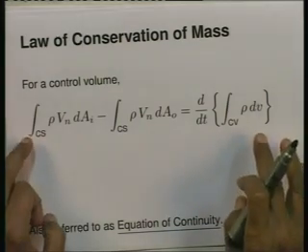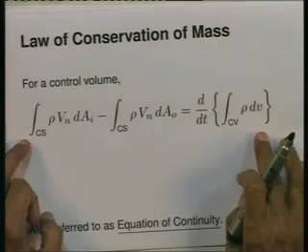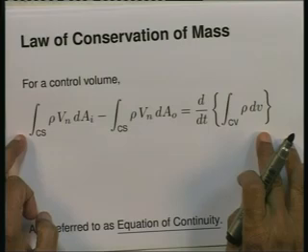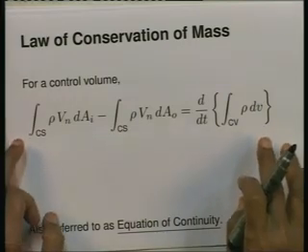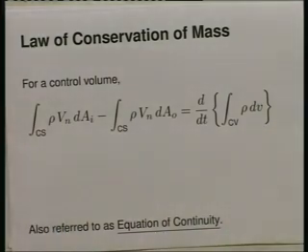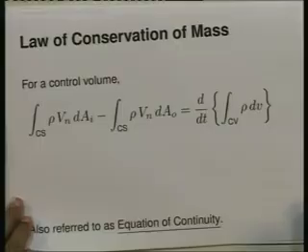So, this in symbolic terms is the most general expression for the law of conservation of mass, which we will have to satisfy. This is also referred to often as the equation of continuity, and it is an important equation which we need to satisfy at all times.